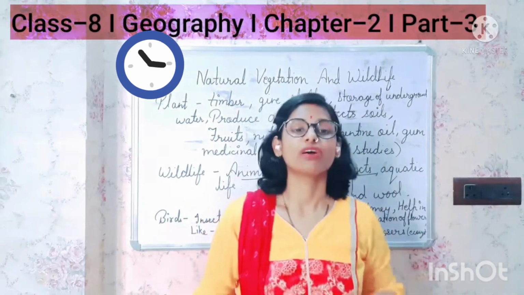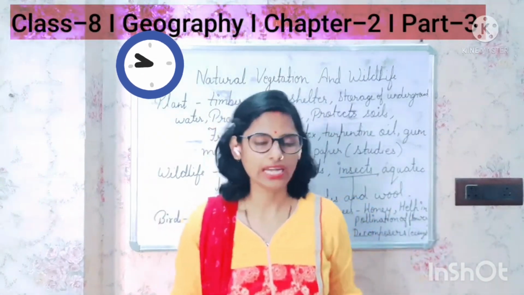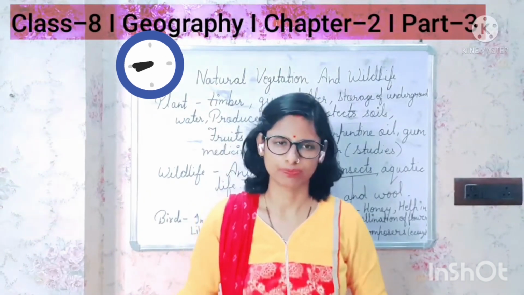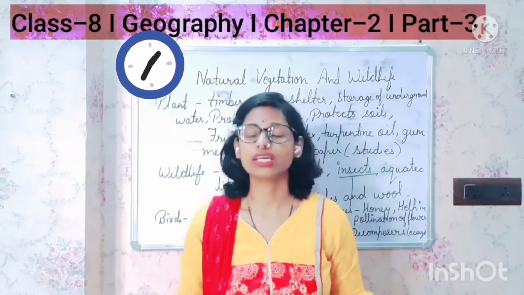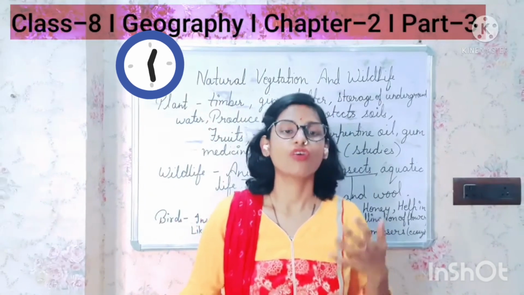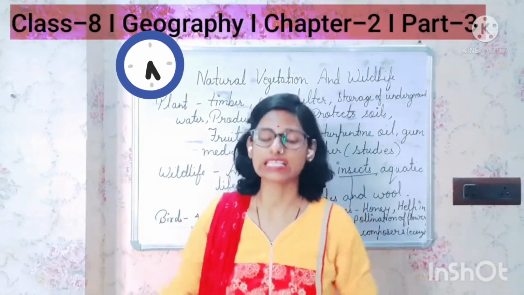The lithosphere is where we are living, the land where there are valleys, mountains and continents. The hydrosphere is where there is water everywhere. And the atmosphere is where there are gases.